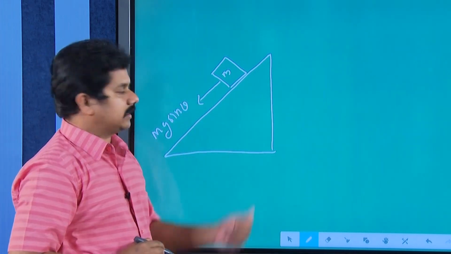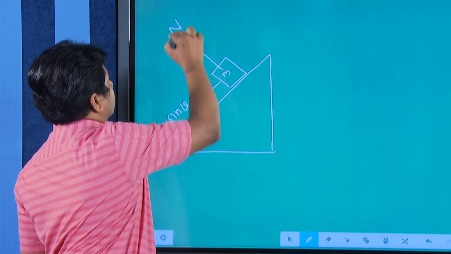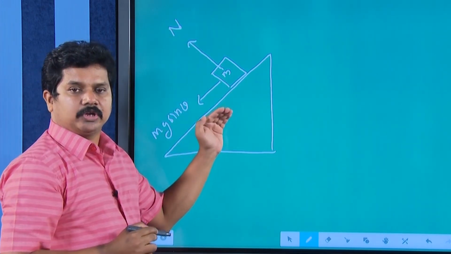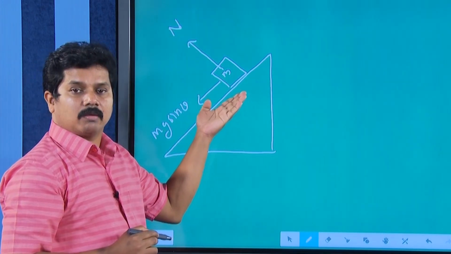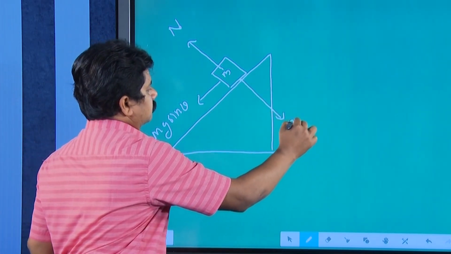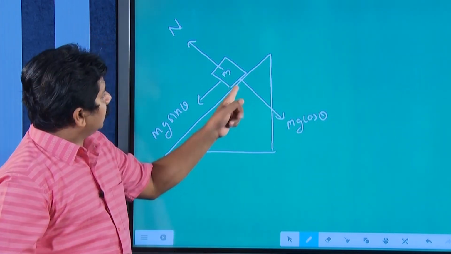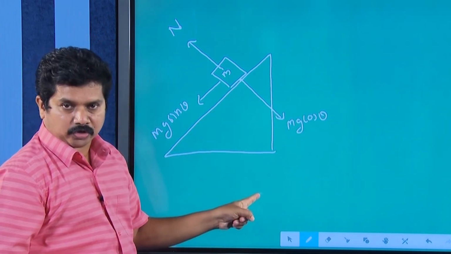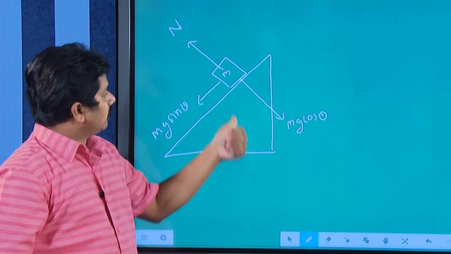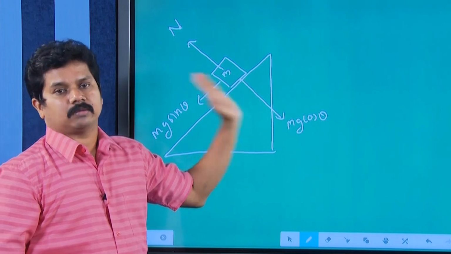Mg sin theta along the motion, normal reaction perpendicular to the motion or perpendicular to the plane, mg cos theta, right. So, mg was vertically downward. We have resolved that mg into along the plane and perpendicular to the plane.